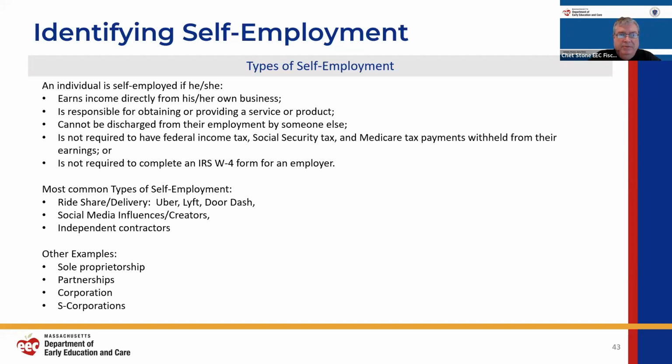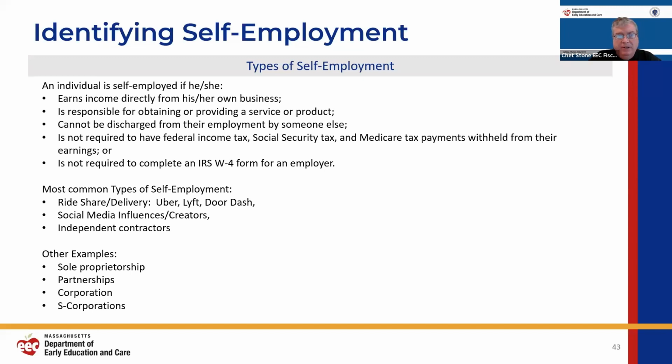They're responsible for obtaining and or providing a service or product. They cannot be discharged from their employment by someone else. They're not required to have federal income tax, Social Security tax, and or Medicare income tax withheld from their earnings, and they're not required to complete an IRS W-4 form for an employer.